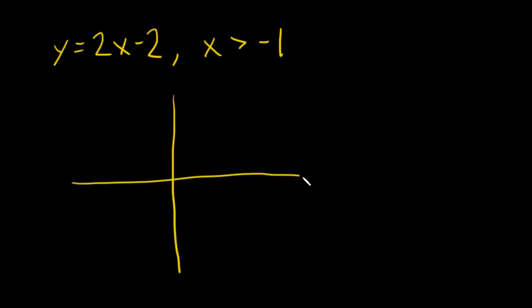Okay, so let's say that we have y is equal to 2x minus 2, and the domain restriction is going to be x greater than -1. Okay, so we're going to graph it just like we did the last one. Let's see.